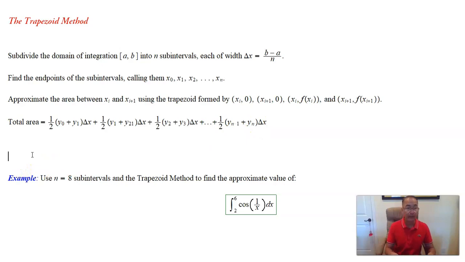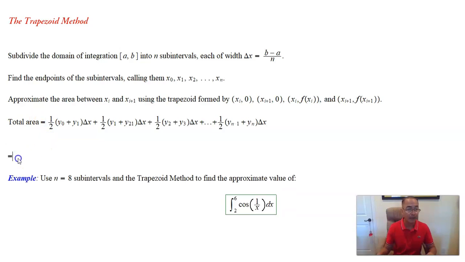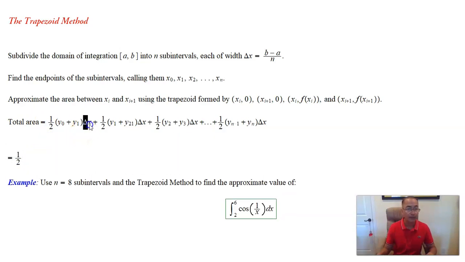So we can factor that out. We will get 1/2 and delta x. And from the first trapezoid, we have y0 plus y1. Okay? And then from the second trapezoid, we have y1 plus y2. From the third, we have y2 plus y3.